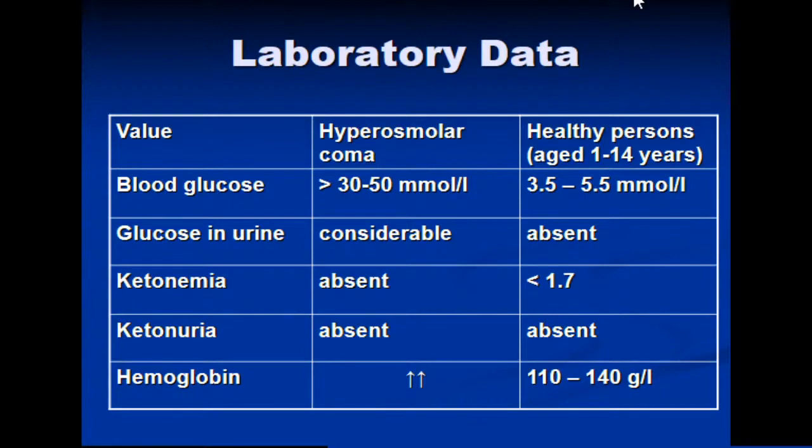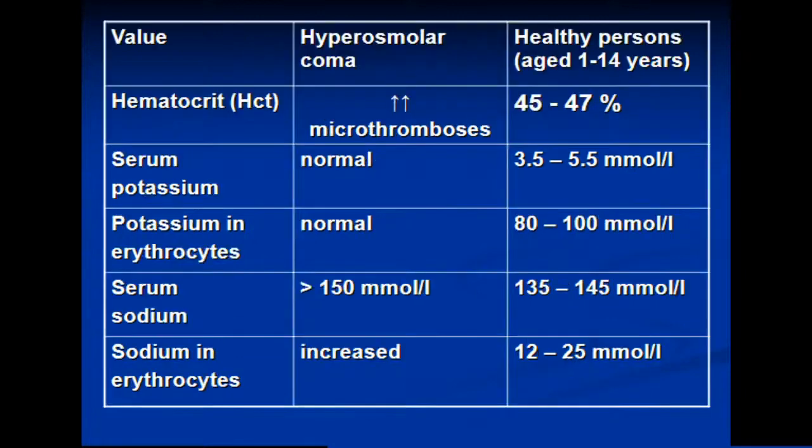Blood glucose more than 30, 40. Glucose in urine considerably increased. Ketonemia absent. Ketonuria also absent. Hemoglobin and hematocrit increase, and sometimes microthrombosis develops. Serum potassium is normal. Potassium in erythrocytes is normal.